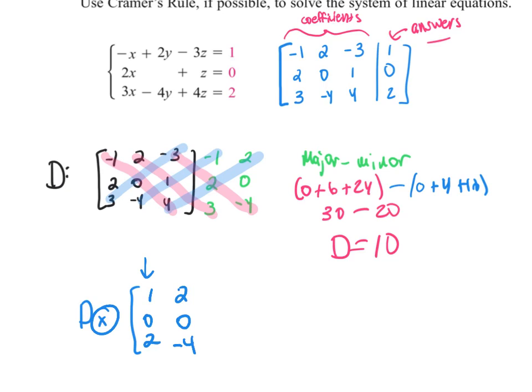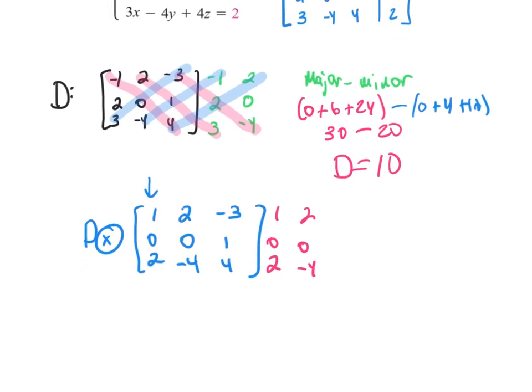And then what's the third column? Negative 3, 1, and 4. So what do I do now? I have to recopy the first and second. Good. Now I do the exact same thing, majors and minors. So my majors would be here, here, and here.